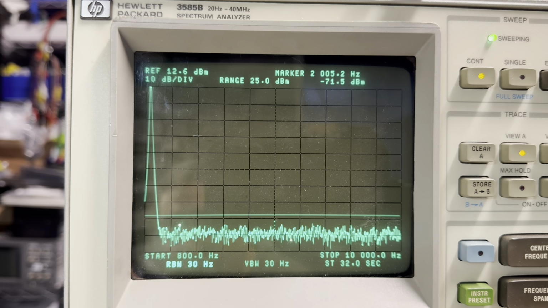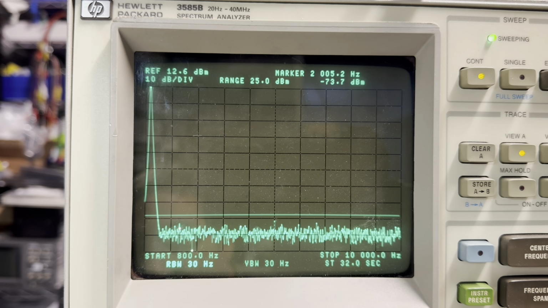So now let's look at a signal with a much lower distortion level. This right now is a signal at minus 80 dB, and you can see from the spectrum analyzer that the second harmonic is just barely visible there within the noise of the system.